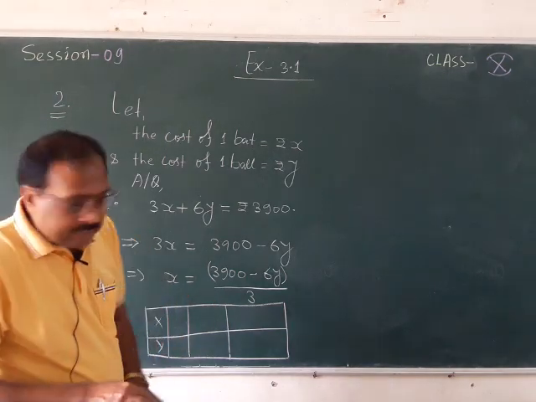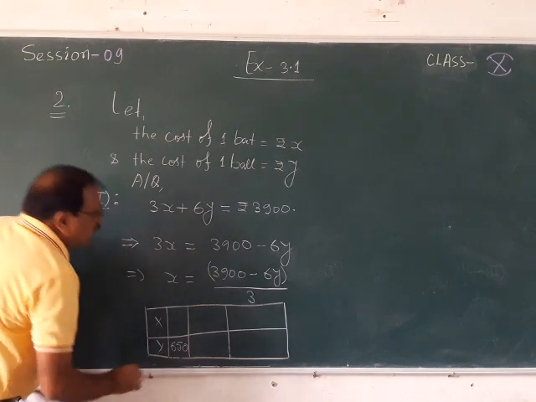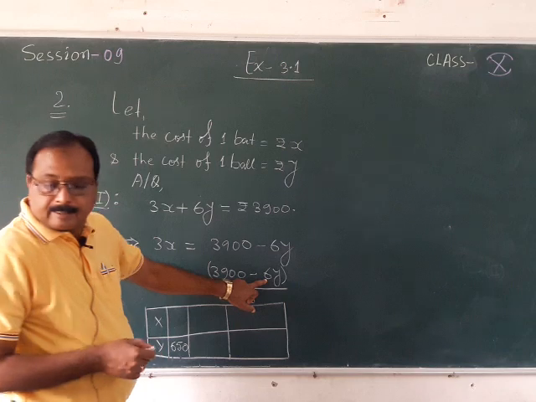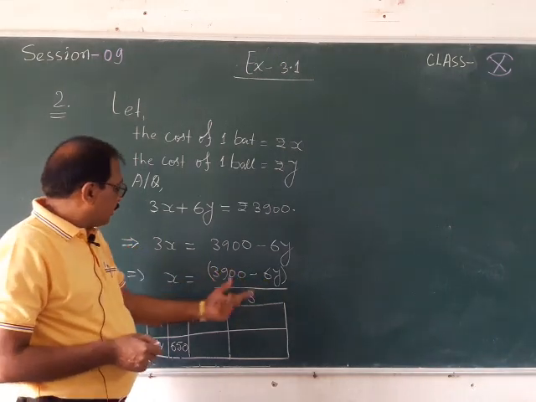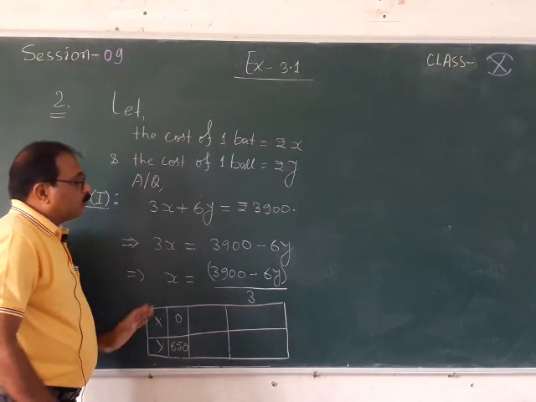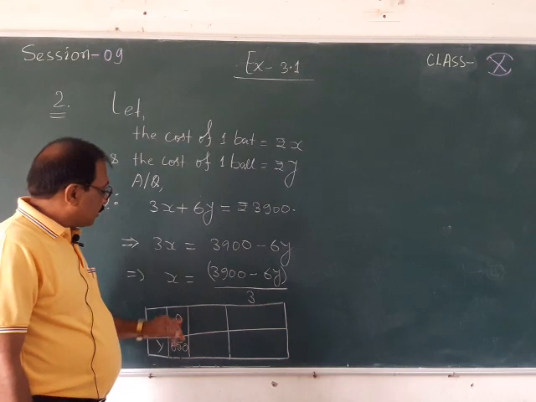Why? Because when you get a whole number, you will find it easy to plot that number on your graph sheet. So if I am taking y as 650, then 650 multiplied by 6 directly gives you 3,900. So x is coming 0. This is called the best value, when 0 is known on both the axes.